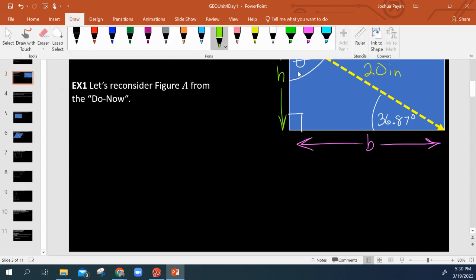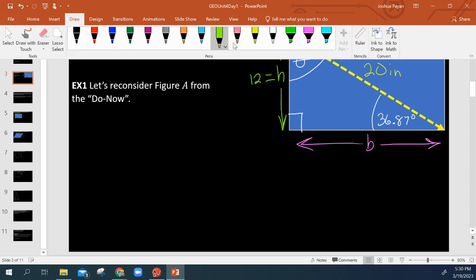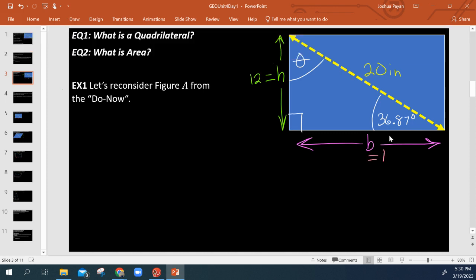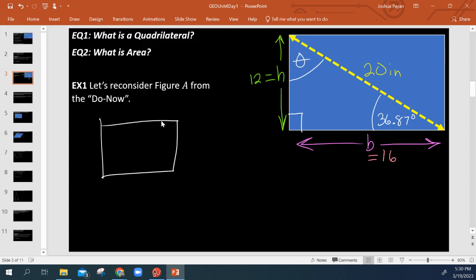Okay, so I'm going to skip the math where we get the side lengths. So this side would be 12, this side would be 16, right? And I'm going to draw one kind of separate out over here. We ask ourselves, if this is 12 inches and this is 16 inches, and we were using 1 inch squares, so 1 by 1, right?